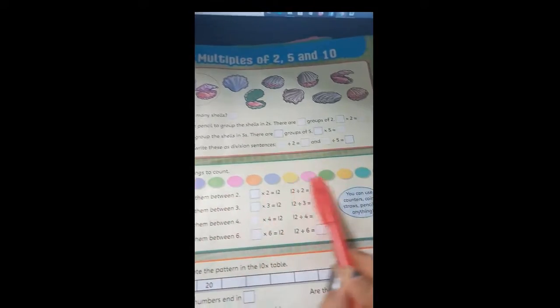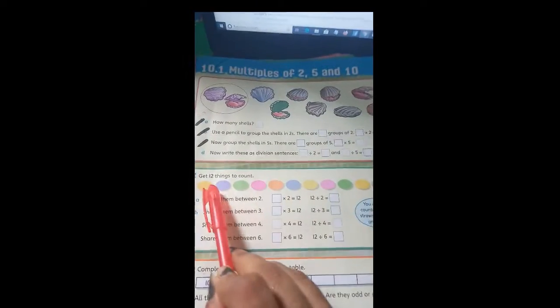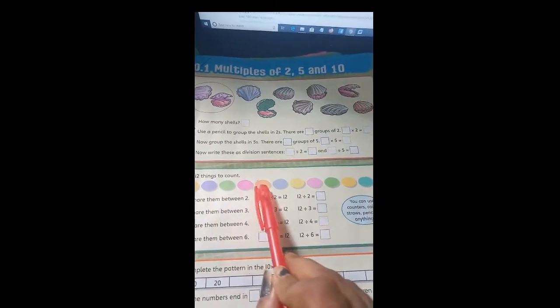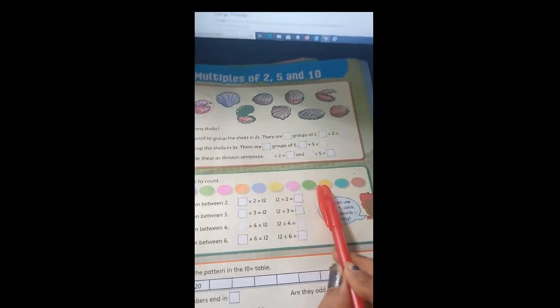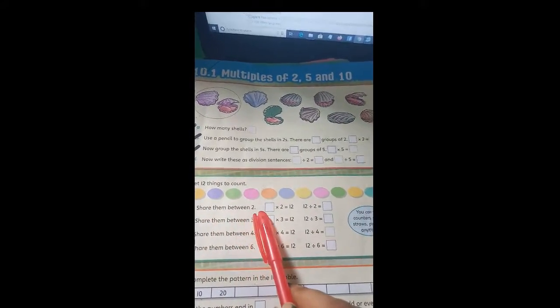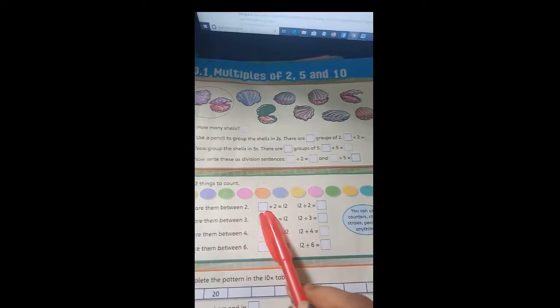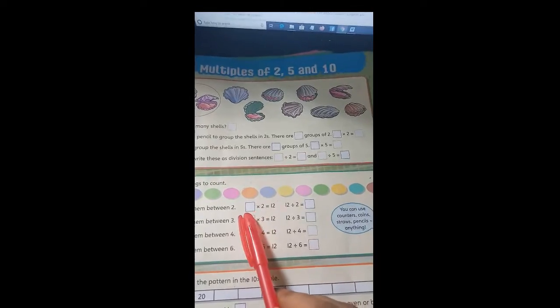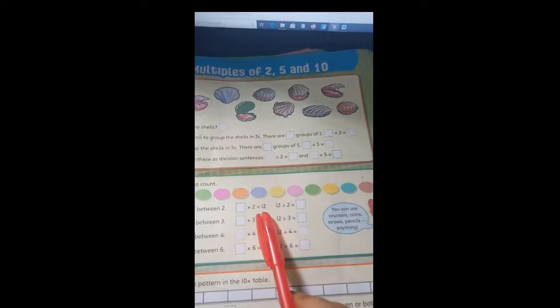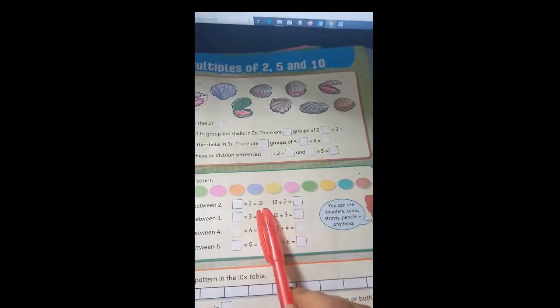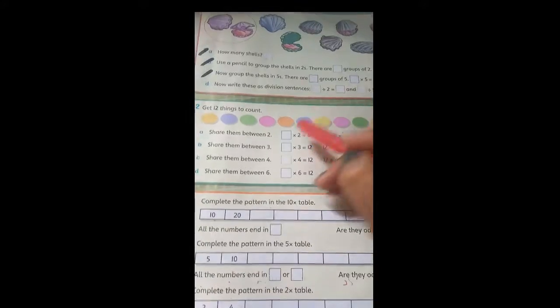Here are 12 things. Now look here: 1, 2, 3, 4, 5, 6, 7, 8, 9, 10, 11, 12. Now we have to share them between 2. Here is the missing number: something into 2 equals 12.